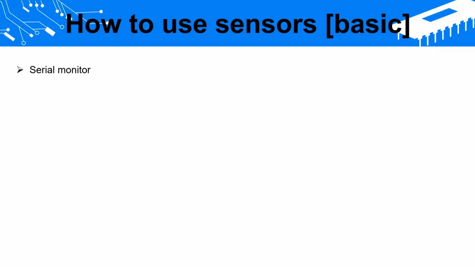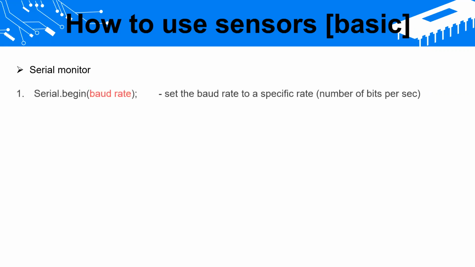For that we have the serial monitor. By using the serial monitor, we can print some messages, use it for debugging purposes, or use it for communication as well.